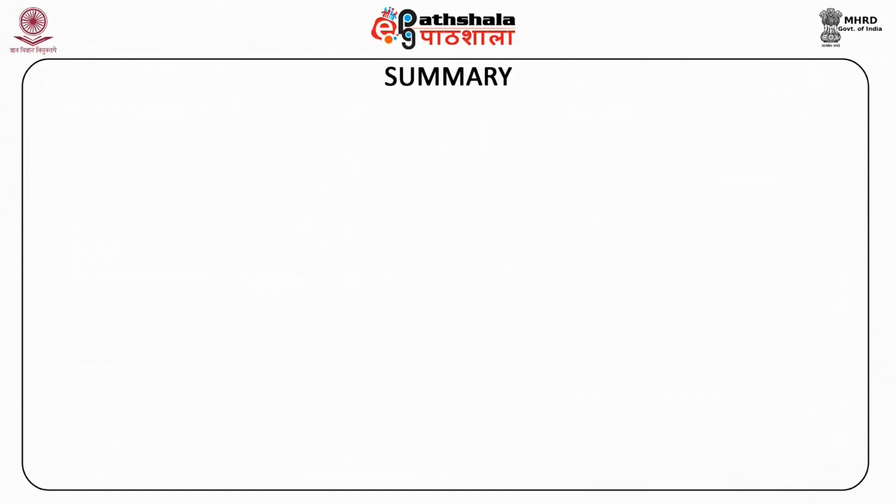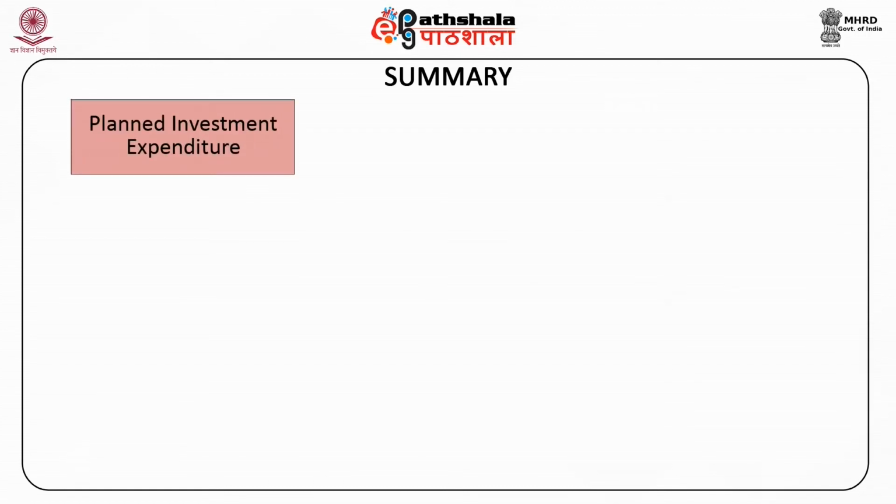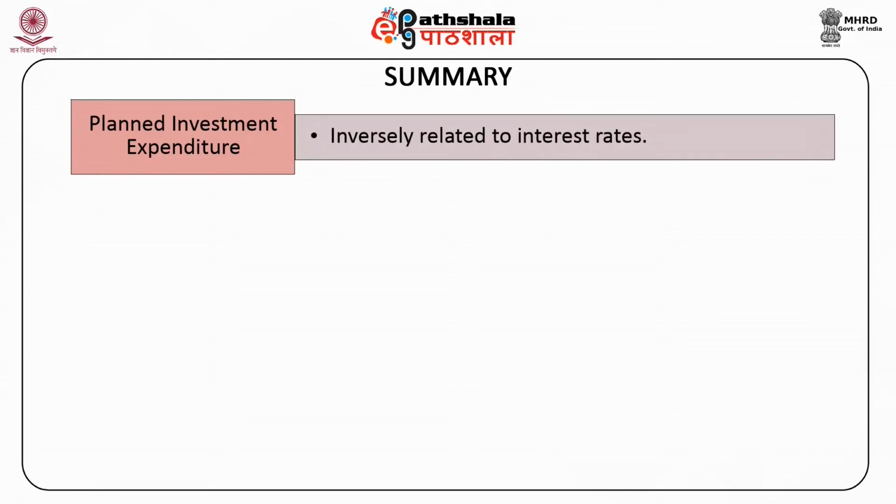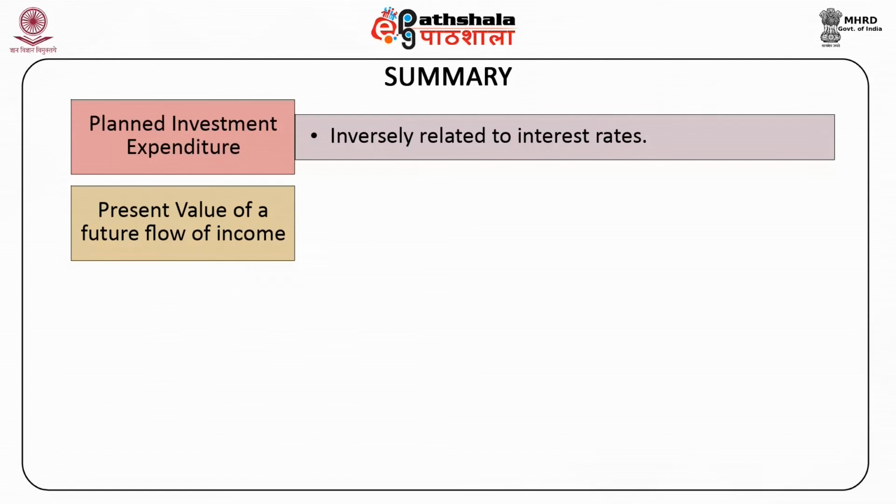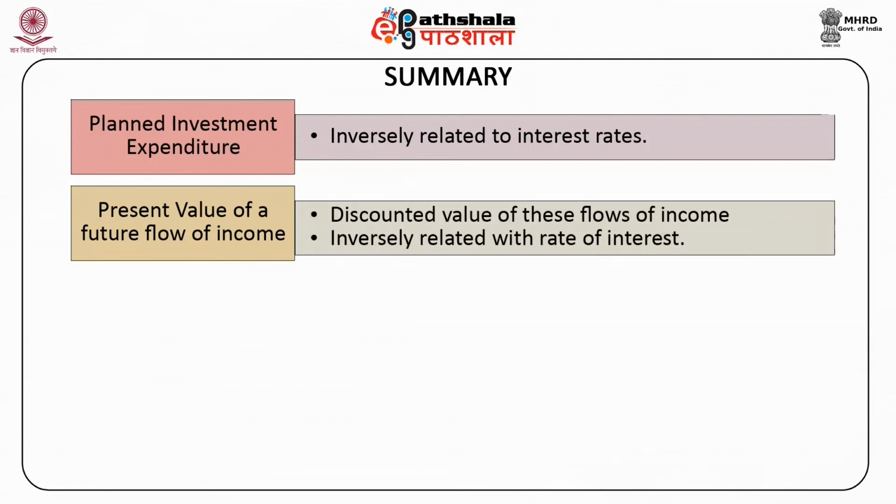Let us summarize what we learned in this module. In this module, we learned that planned investment expenditure is inversely related to interest rates. The present value of a future flow of income is the discounted value of these flows of income. It is inversely related with the rate of interest.